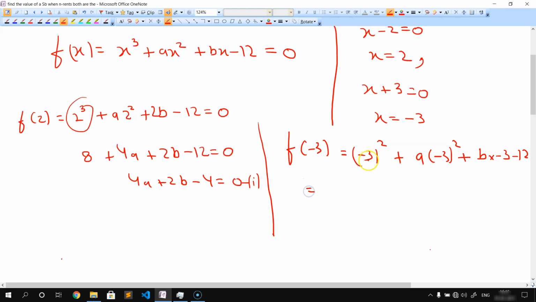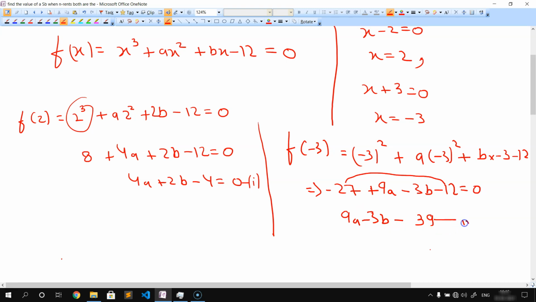Minus 3 cube becomes minus 27, plus a into minus 3 square, which becomes 9a, minus 3b minus 12 equals 0. They add up to form 9a minus 3b minus 39. Let's name it equation 2.